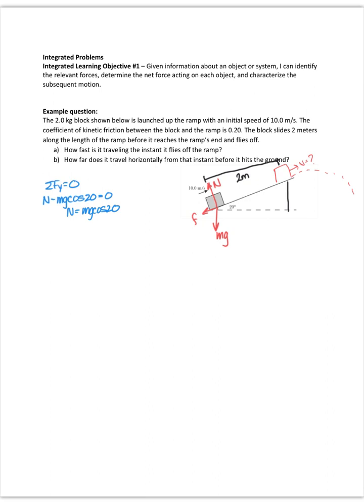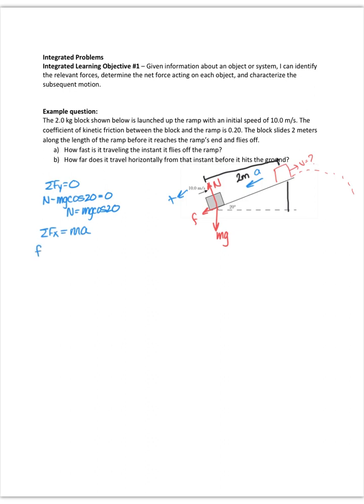Now for me, I know it's going to accelerate down the incline. That is, it's slowing down as it goes up the incline, so the direction of the acceleration is towards the bottom. So I'm going to look at forces in the x direction and see if I can find out what that acceleration is. I'm going to actually make down the incline be my positive direction just to get rid of negative signs, because my forces that act in the x direction are both going down the incline, as is my acceleration.